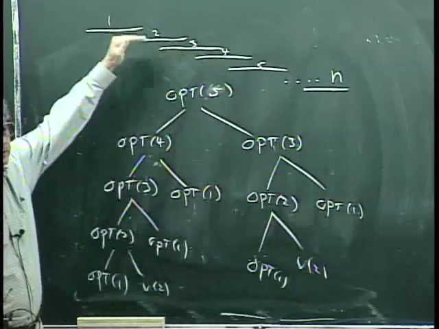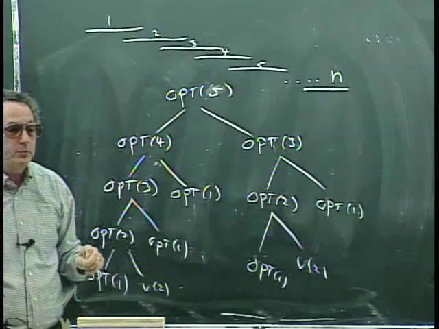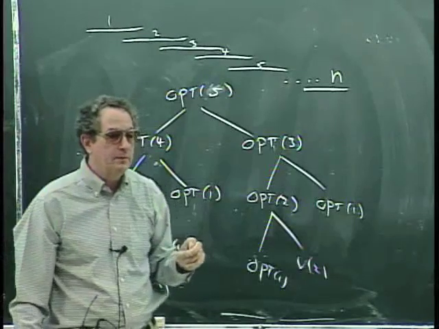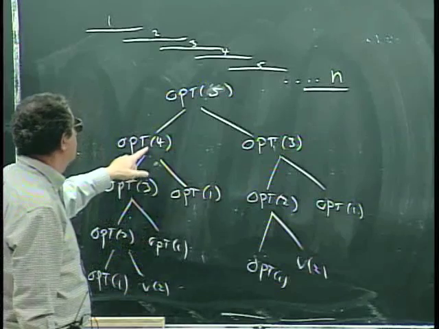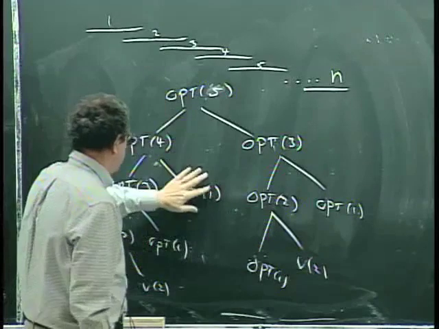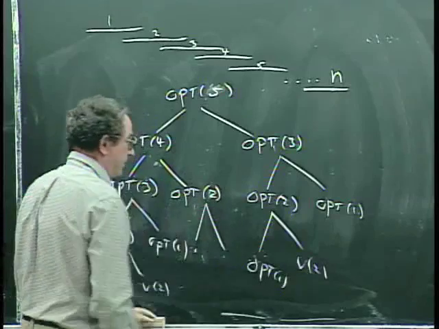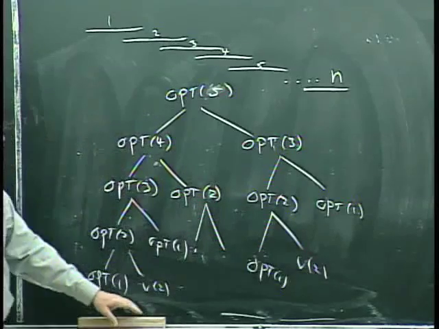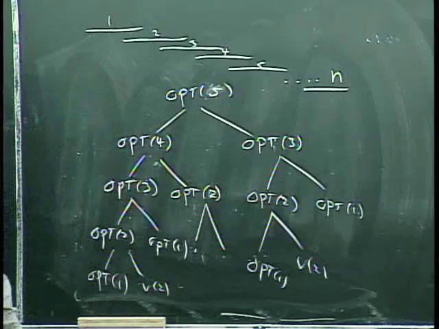We have this little staircase, cascade. Shouldn't opt of 4 call opt of 3 and then opt of 2 instead of 1? Oh yeah, you're right about that. Thanks. But can anybody see in general what's happening here in this little example?